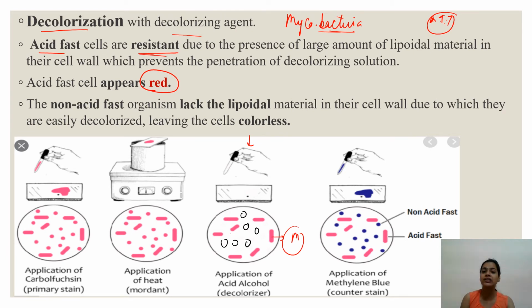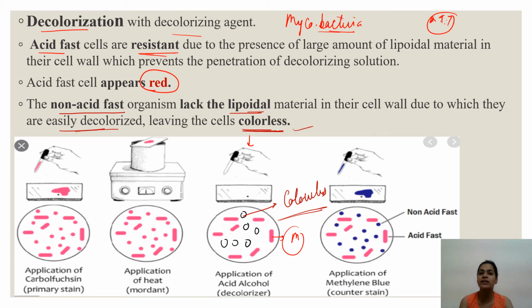Under those conditions, the decolorizing agent will be able to release the carbol fuchsin stain from the cell, and these will appear colorless after the decolorizing step. We can see here, that category is known as non-acid fast. Non-acid fast organisms lack the lipoidal material in their cell wall, due to which they are easily decolorized and appear colorless.